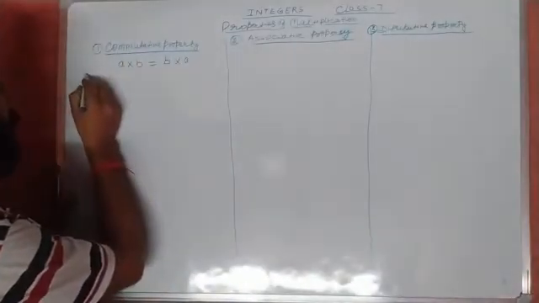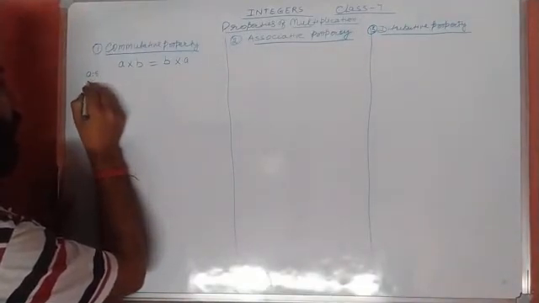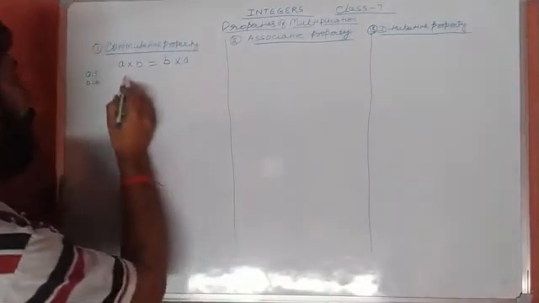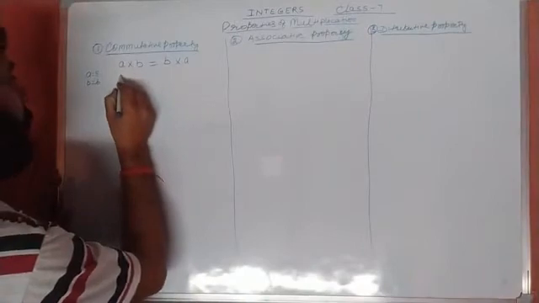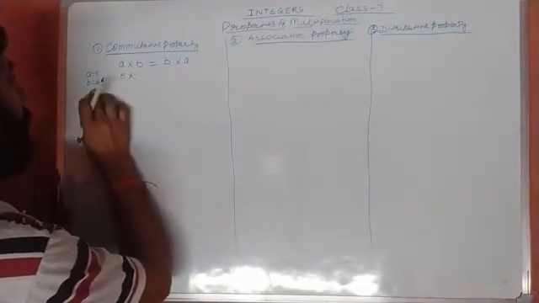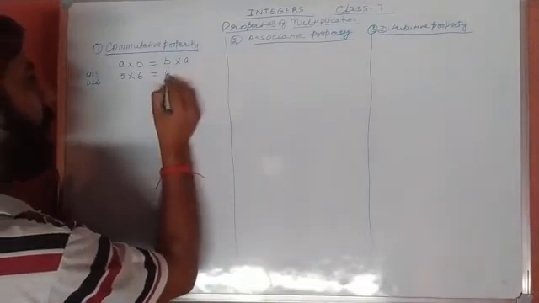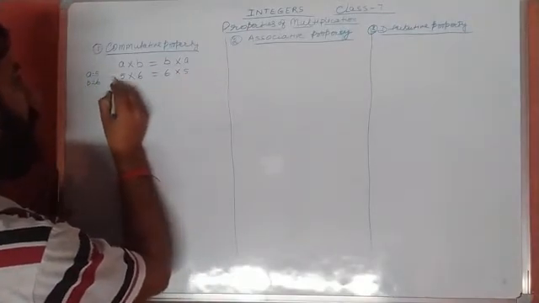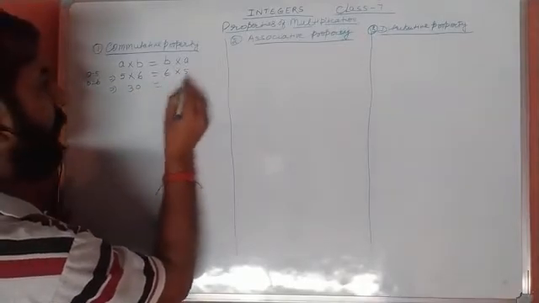Suppose, for example, A is 5 and B is 6, then A into B, 5 into 6, equals B into A, 6 into 5. When you multiply, you will get the same result. 5 6s are 30 and 6 5s are 30.